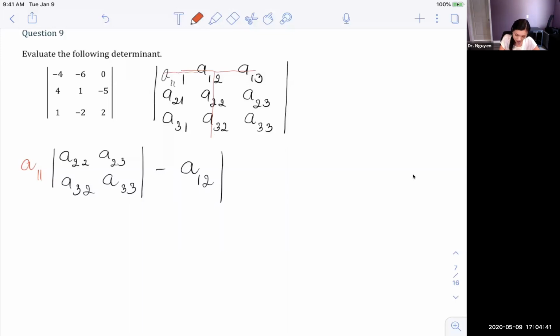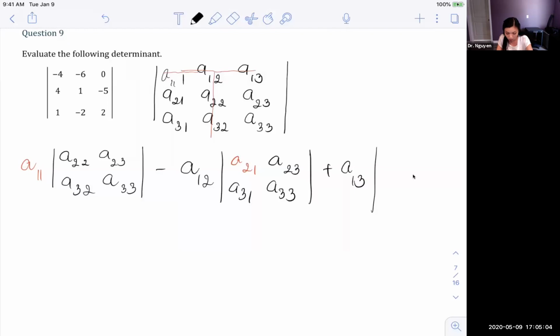So now we have A21, A23, A31, and A33. The last one, we're going to do the exact same thing for A13, but this time it's going to be a positive, so A13. If you cross the row of A13 and the column of A13, you're going to end up with A21, A22, A31, and A32.